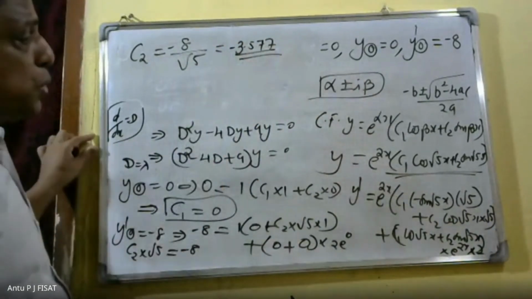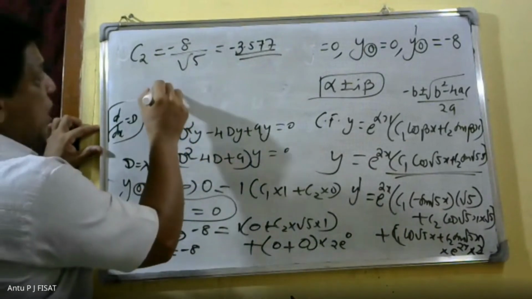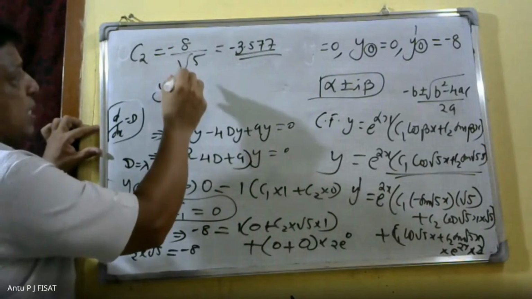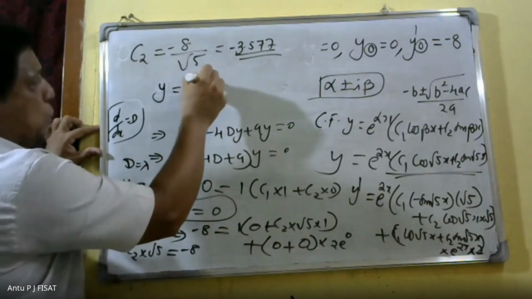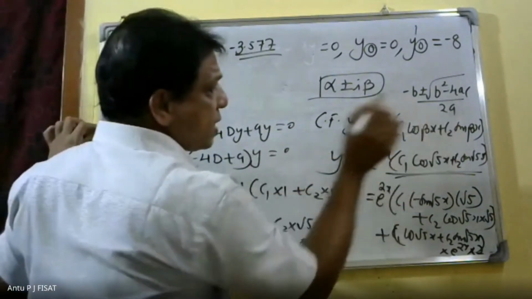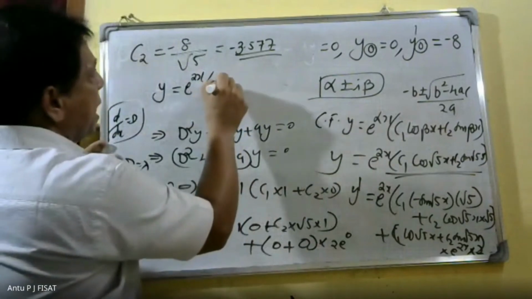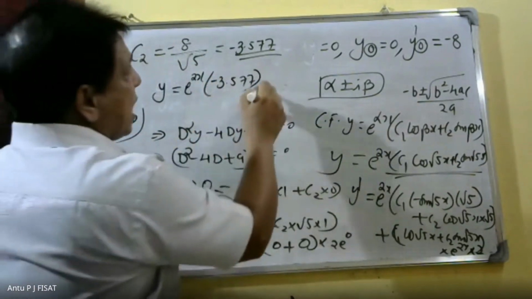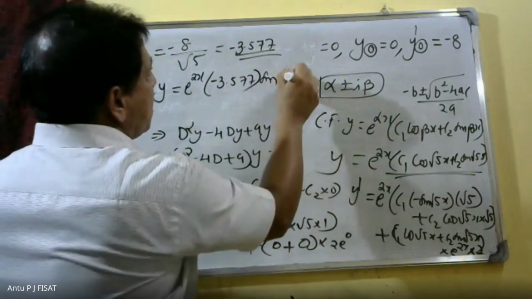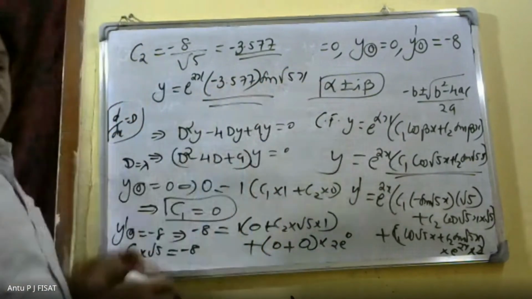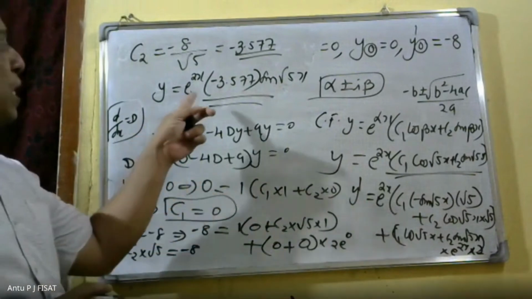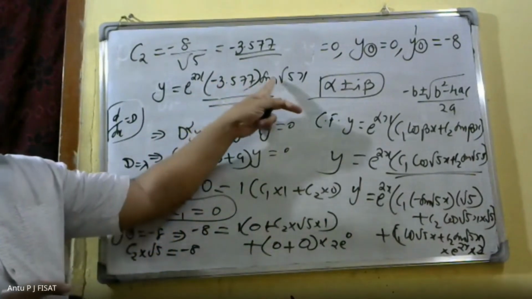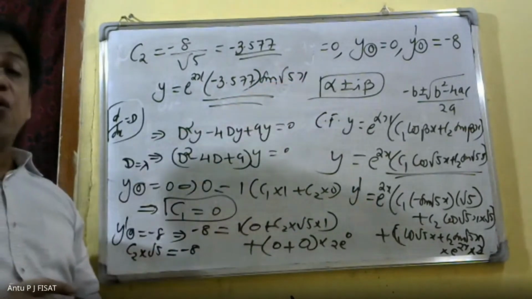Therefore, the final solution will be y is equal to e raised to 2x, where the c1 term is 0, and c2 is minus 3.577 into sin root 5x. This is the final solution.